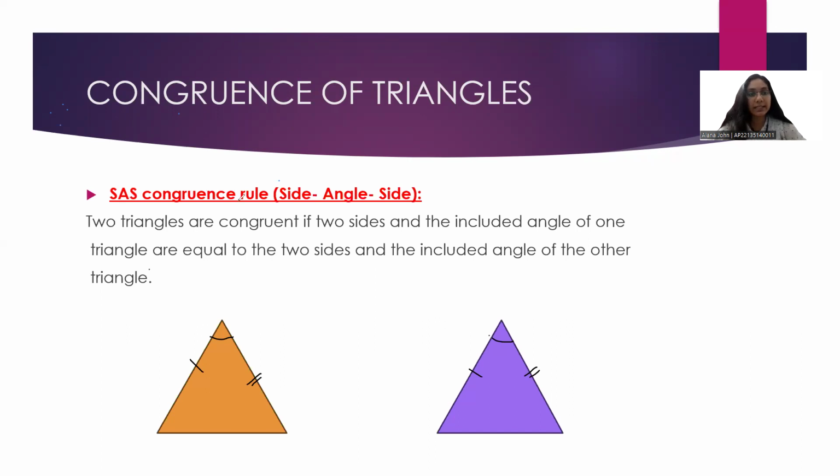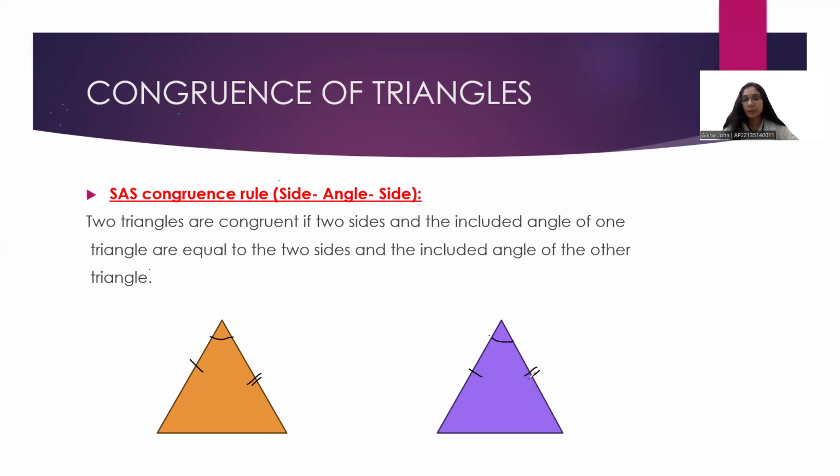What is meant by SAS? The full form is side, angle, side. This congruence rule means we are given two triangles. Here I have taken two triangles and suppose that two sides of the triangles are equal. The marks show that this side is equal to this side and this side is equal to this side.